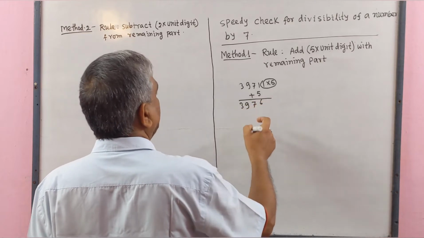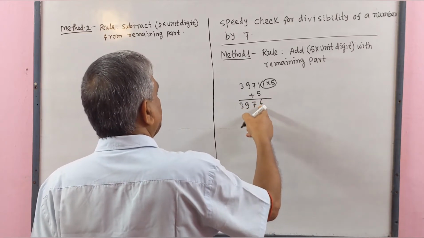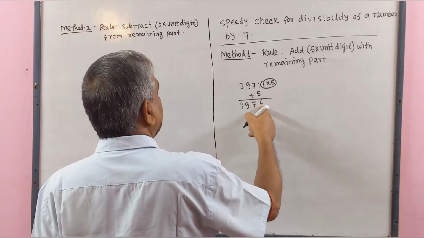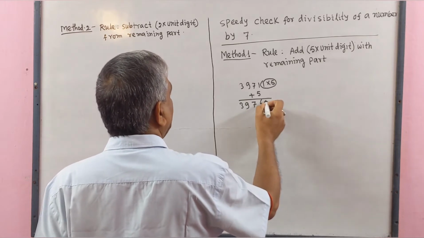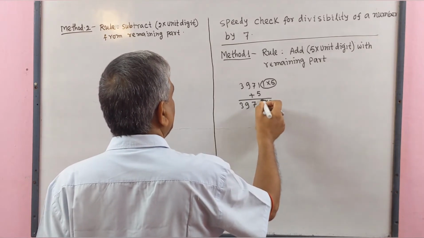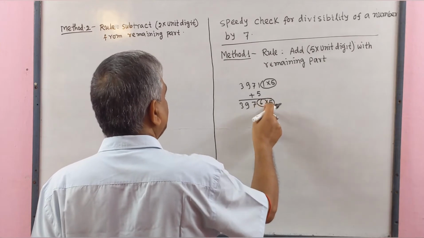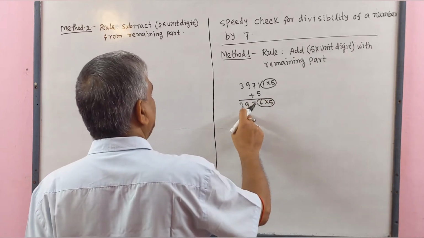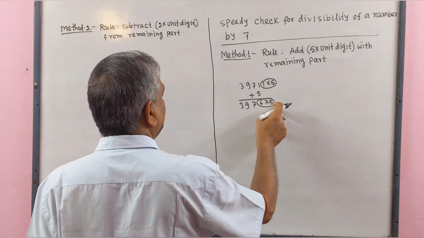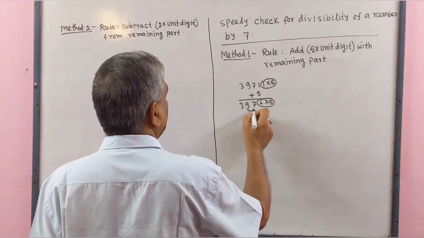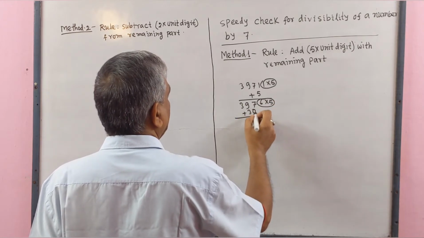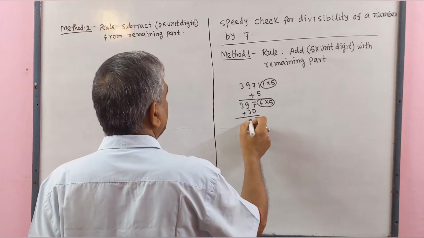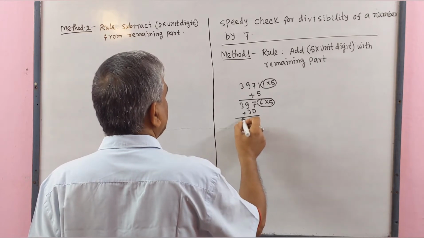We get 3976. Again, 6 is the digit in the unit place. Now we multiply this by 5 and add it to the remaining part. Here 6 multiplied by 5 is 30. Here we get 7, here 2, here 4.